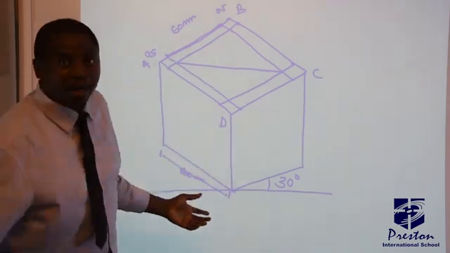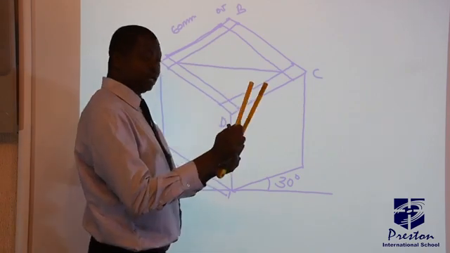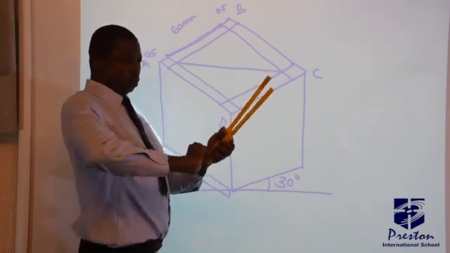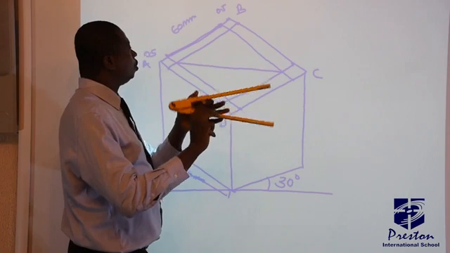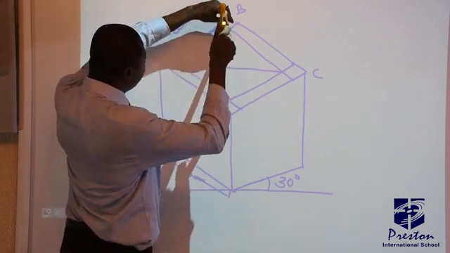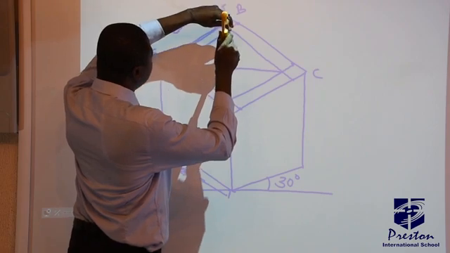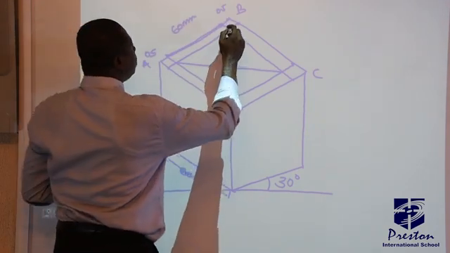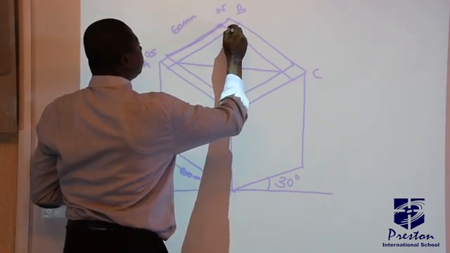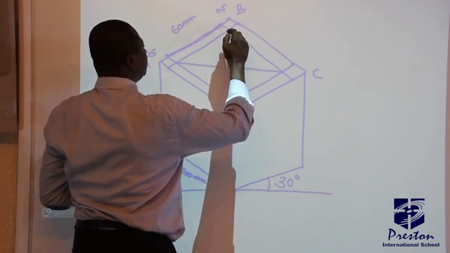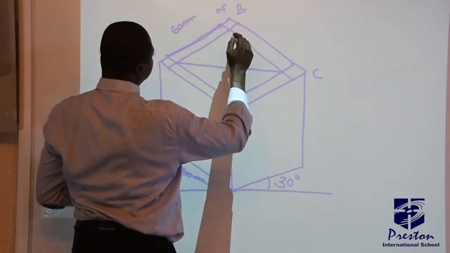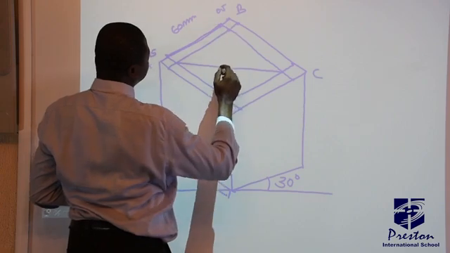So next thing is for you to take your compass. You place one end here, placing the needle point of your compass there, then you drag it to this end.